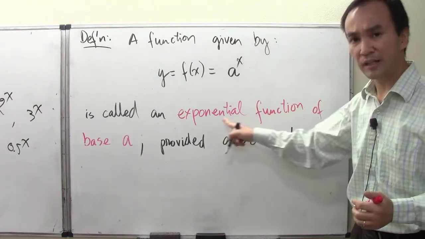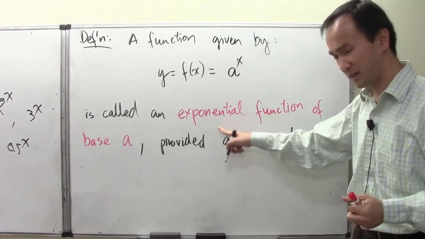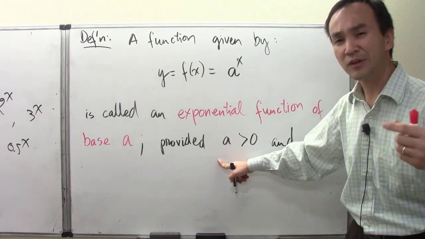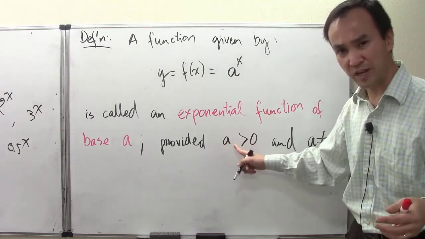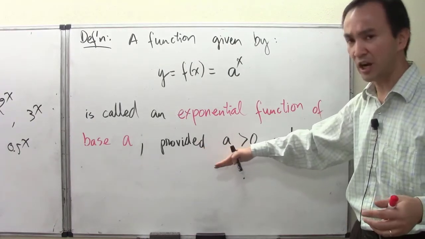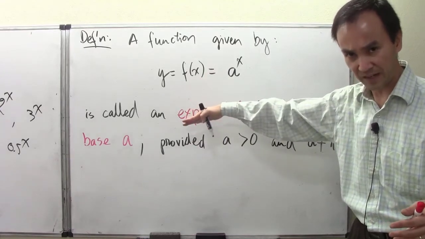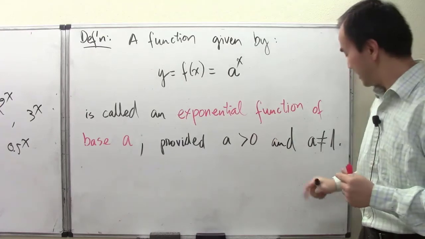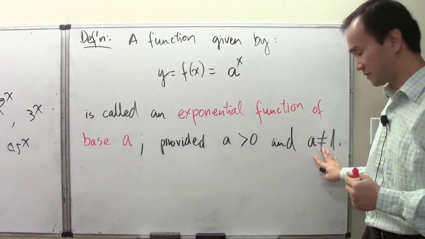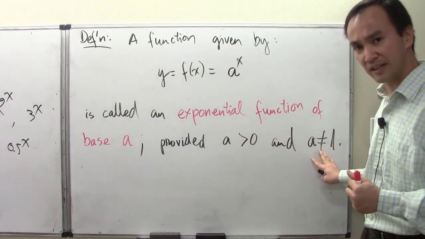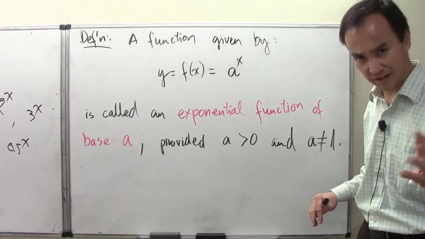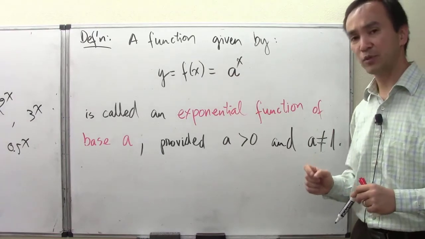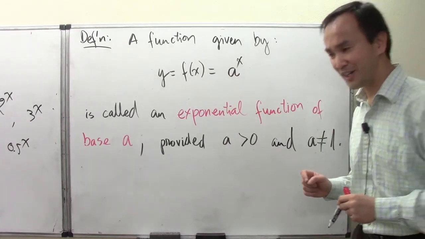So now we're all clear. I brought up as many examples as possible, pinpointing the reason why a base equal to 0 or a negative base are not considered exponential functions. That's just us trying to keep things simpler. And I will get to the explanation of why we're not letting a equal 1 as well later. All right, but this is now a formal definition of what an exponential function is.